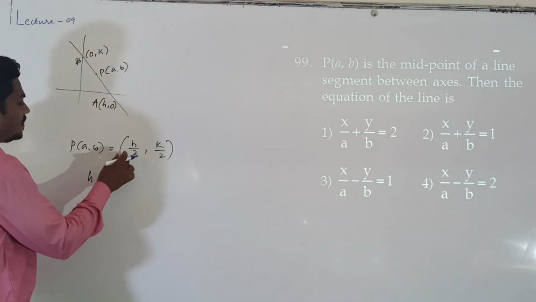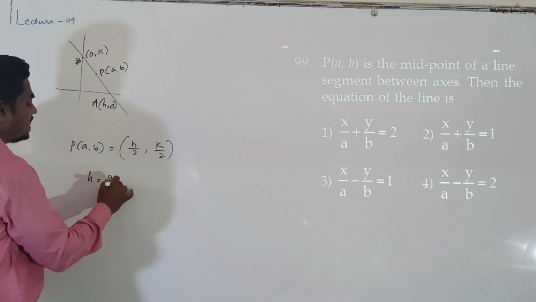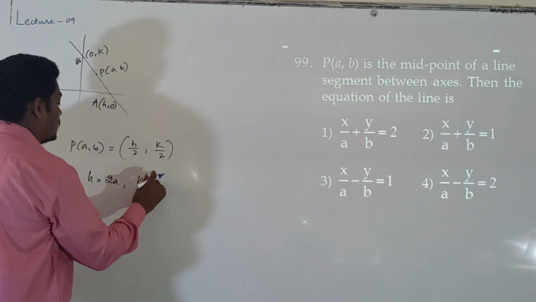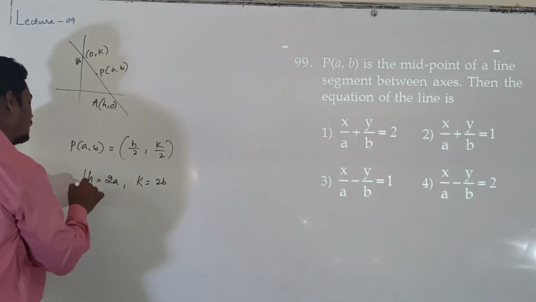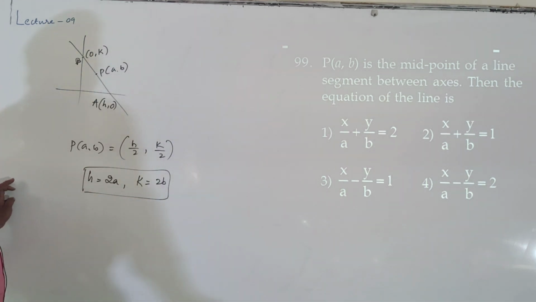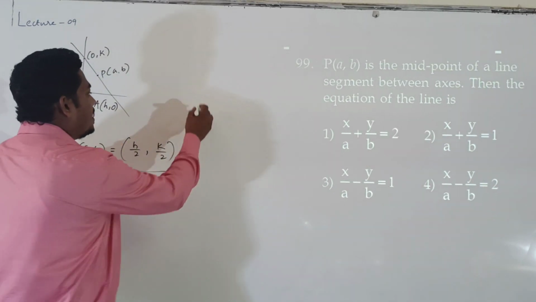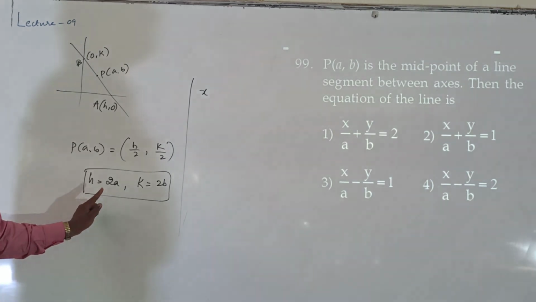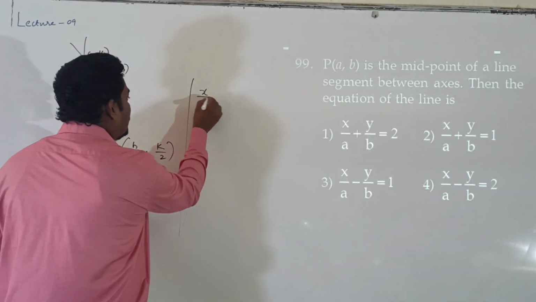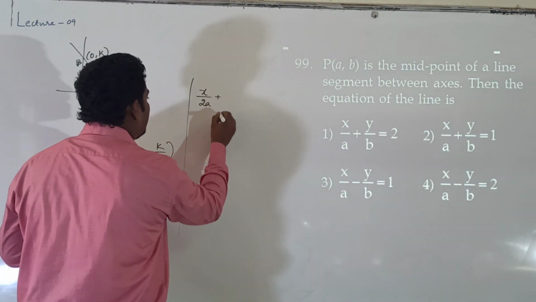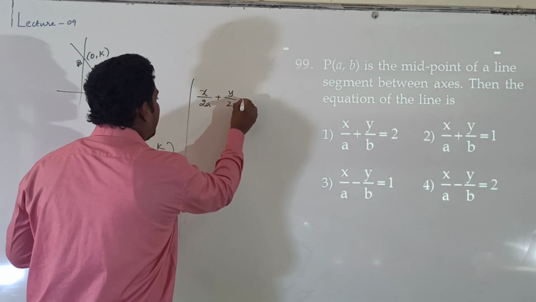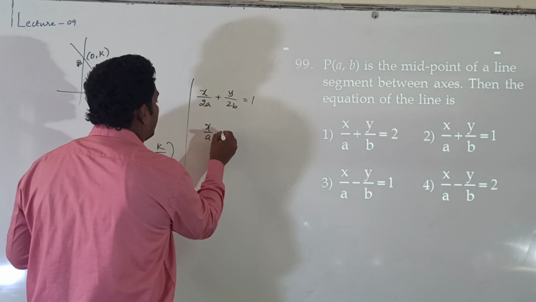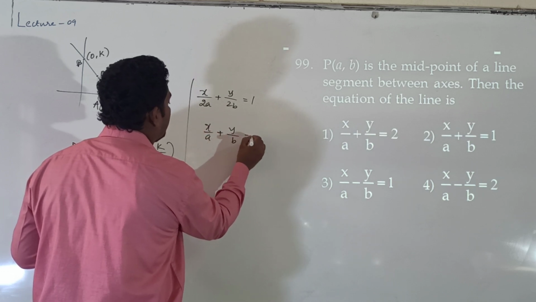Then what are the h and k values? Just equate the corresponding elements: h is equal to 2A and k is equal to 2B. Then what is the equation? The required equation is x divided by the x-intercept 2A plus y divided by 2B equal to 1, or x divided by A plus y divided by B is equal to 2.